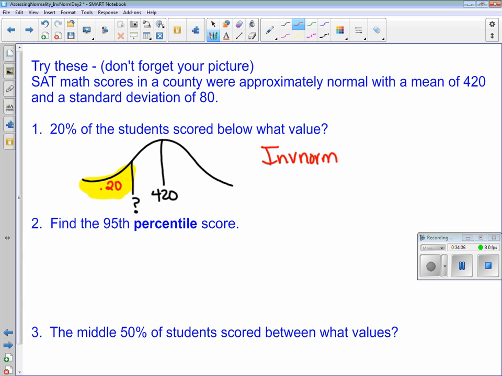So inverse normal, 0.2, 420, and 80. Again, that's your percentage, mean, and standard deviation. And we should get 352.67. Now, I realize that your SAT scores have no decimals, right? So we would round this probably to 353, okay?